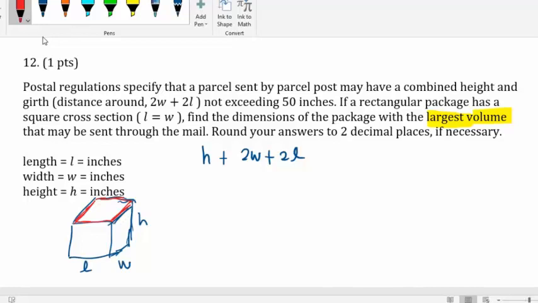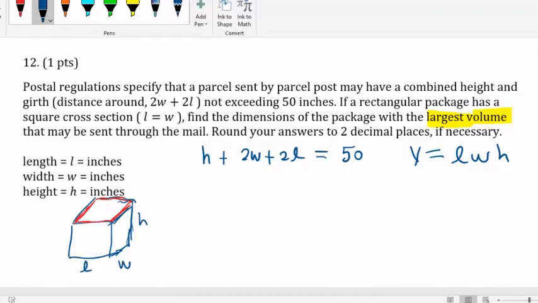So H plus 2W plus 2L is equal to 50. Next, we want to find the maximum volume. So length times width times height is the volume of a rectangular prism like this.